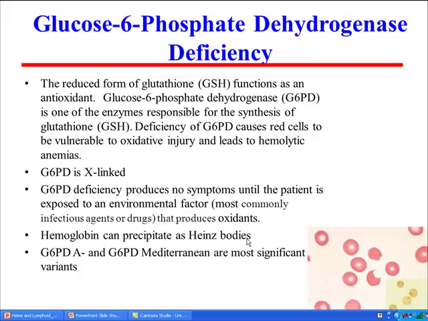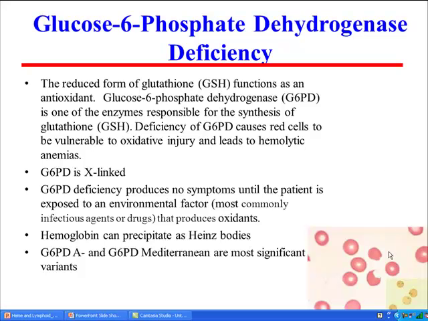There are several variants of this disease, but only two are most significant: the G6PD A minus and the G6PD Mediterranean. The G6PD Mediterranean gets its name because it is most commonly found in the Middle East.